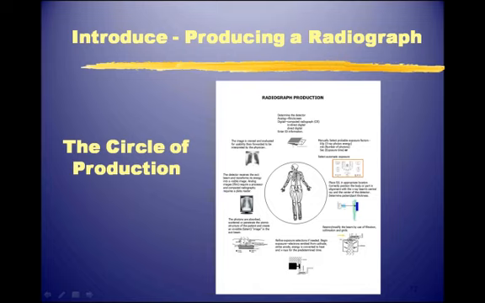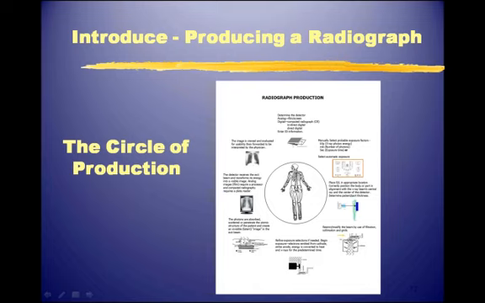With a computed radiography, you have to take the cassette to a processor, and the image is converted from what was on the cassette to a visible image on a monitor. With film screen, of course, you have to take the cassette to a darkroom, unload the film, and run it through a processor. So which type of detector are you using?